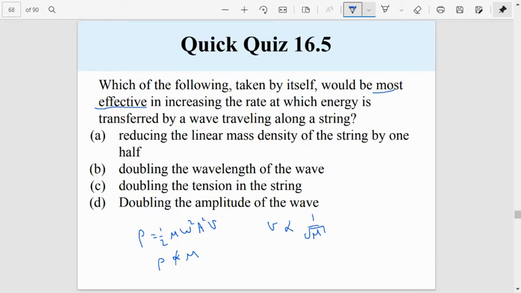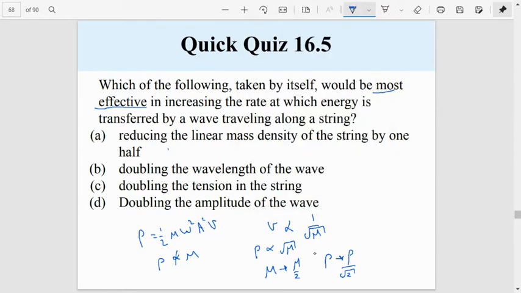We saw this in section 16.4. So the power is actually proportional not to mu, but to the square root of mu. If the linear mass density gets reduced by half, then the power being delivered actually drops by a factor of the square root of 2. So that's not good.